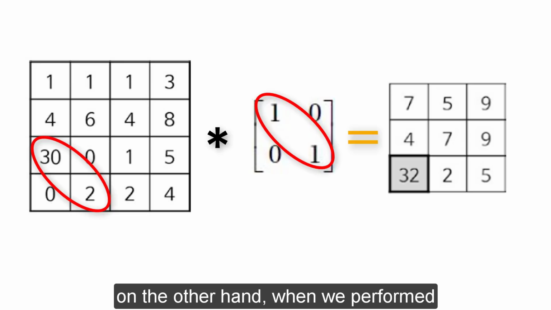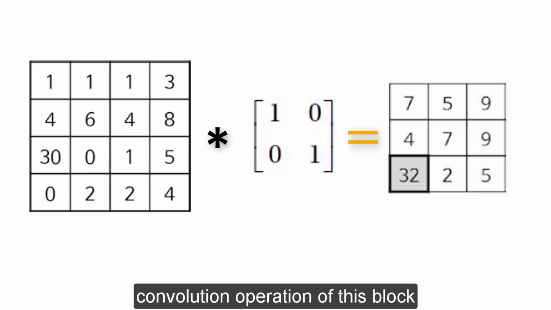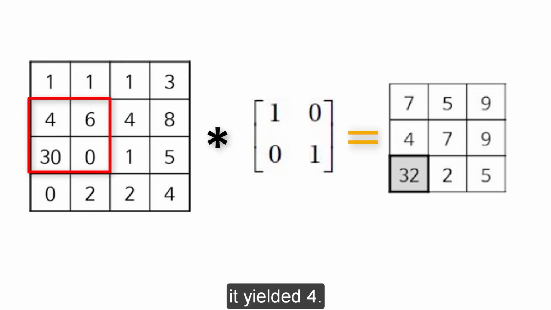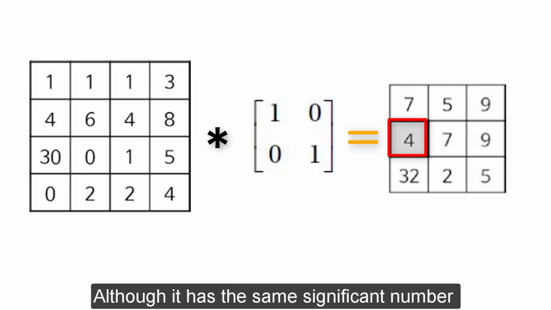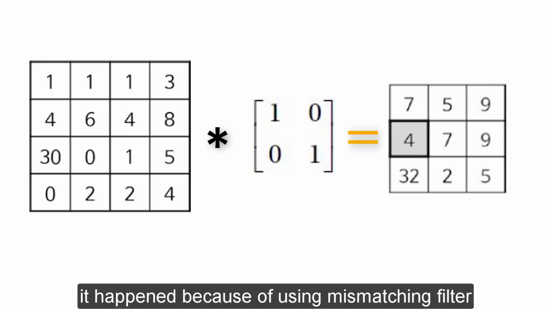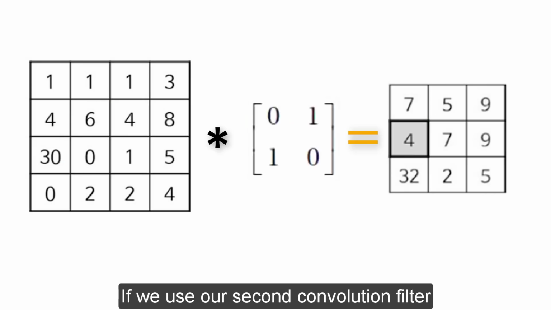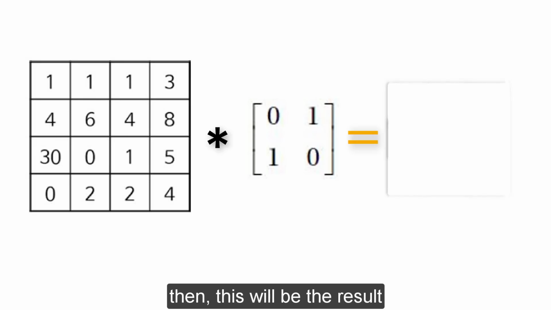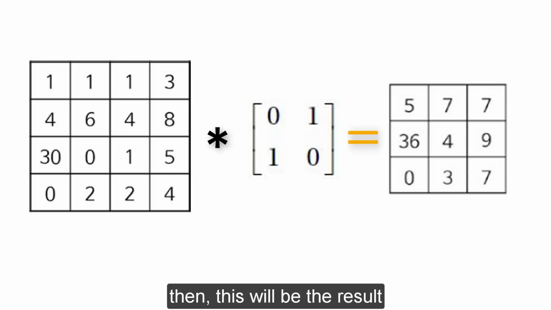On the other hand, when we performed the convolution operation on this block, it yielded 4. Although it has the same significant number 30, it doesn't create that large a value. It happened because of using a mismatching filter. If we use our second convolution filter, then this will be the result.